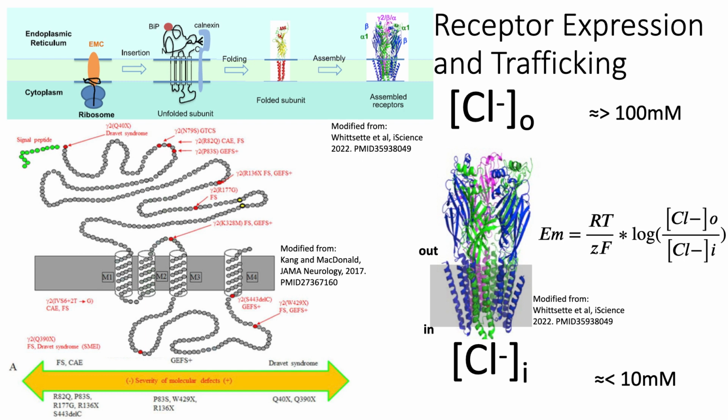GABA at the end of the day is conducting chloride across the membrane, and very importantly, this is intrinsically intertwined with the function of the GABA receptor, that is, of GABA neurotransmission. It is the difference between the extracellular and intracellular chloride concentration that's really the key here, and that is about a tenfold difference, by the way.